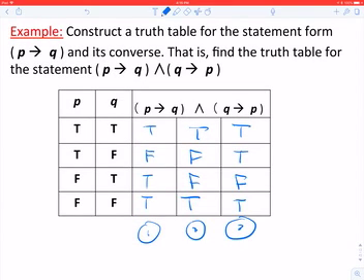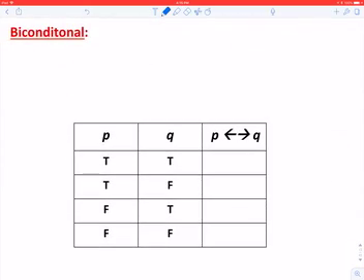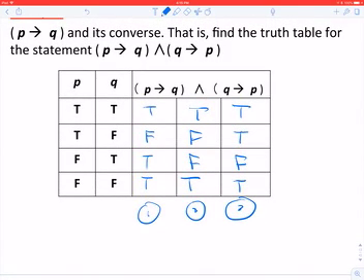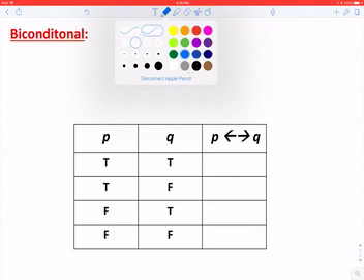Okay. So just in the last one, notice that they're not the same. So the statement P implies Q and Q implies P is referred to as a biconditional, which is written P is logically equivalent to Q. Okay, let's look at it.